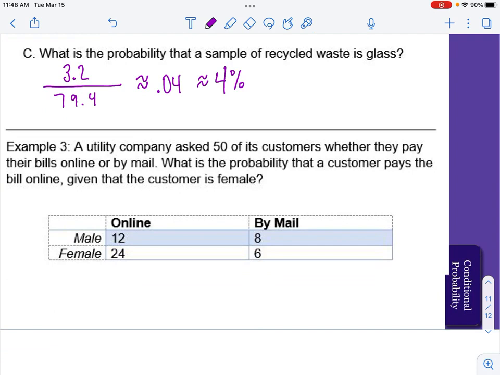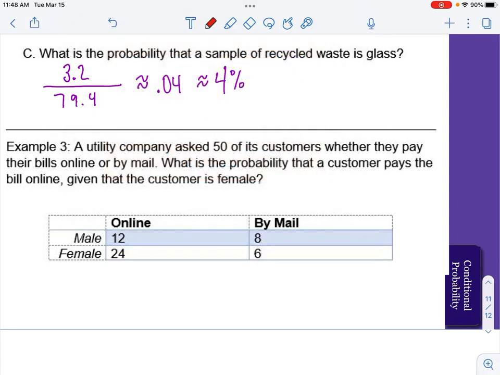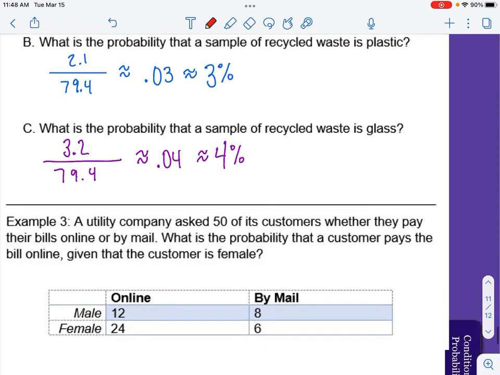And lastly, we have example 3. A utility company asks 50 of its customers whether they pay their bills online or by mail. What is the probability that a customer pays the bill online given that the customer is female? Now, I realize that this is written out, and up here, the written out ones weren't in the order of numerator then denominator.